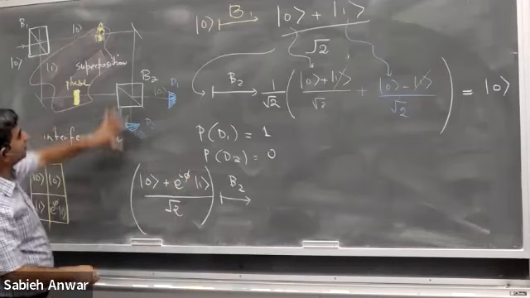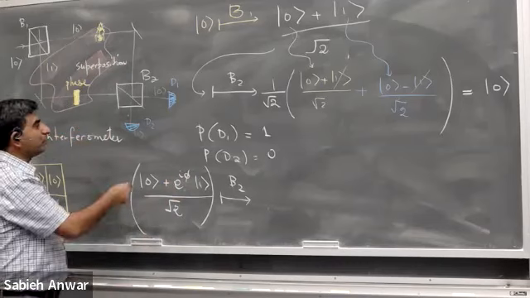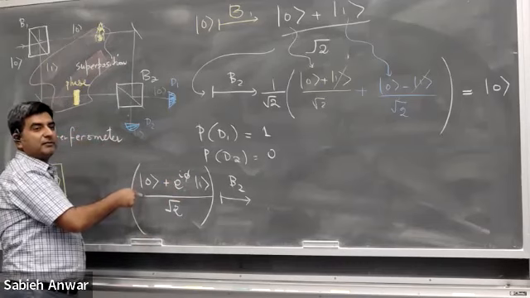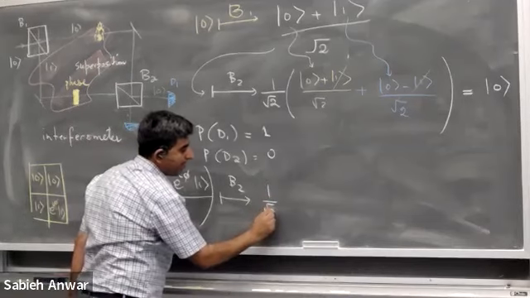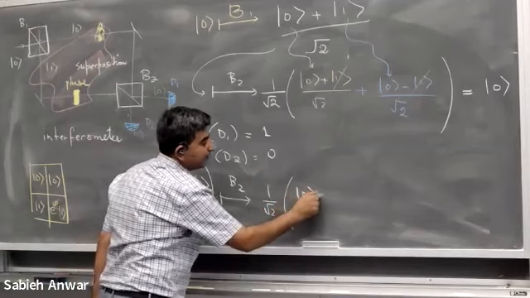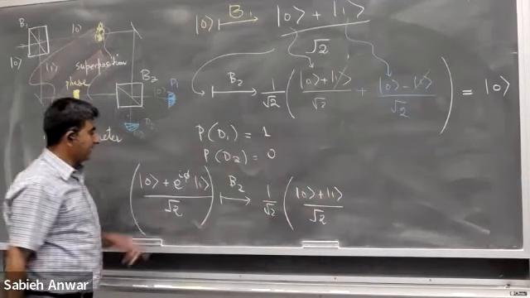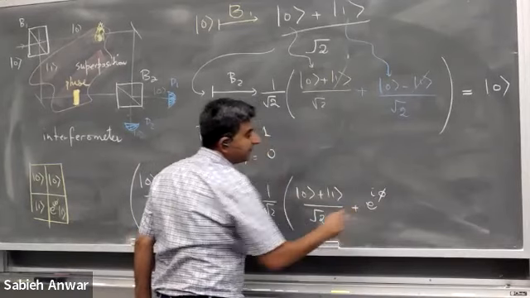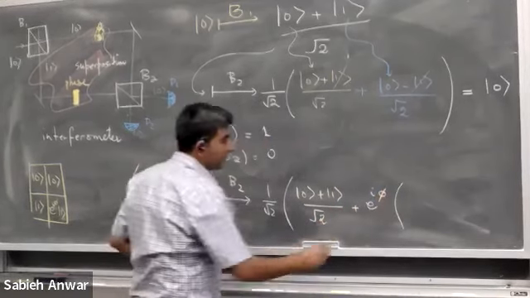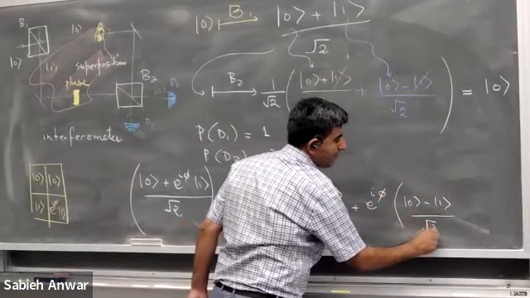Okay, now when this superposition state passes through the second beam splitter, once again I invoke the truth table of the beam splitter. Ket 0 becomes (ket 0 plus ket 1) over root 2. And this e^(iφ) remains where it is. And this ket 1 becomes (ket 0 minus ket 1) over root 2.